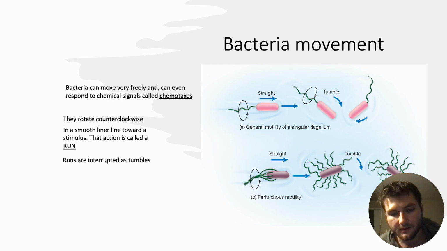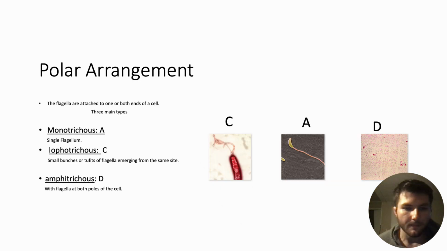So I'm going to talk about some polar arrangements of a cell. The flagella are attached to one or both ends of a cell, and there are three main types. A single flagellum, which you can see in picture A, just has a single tail.